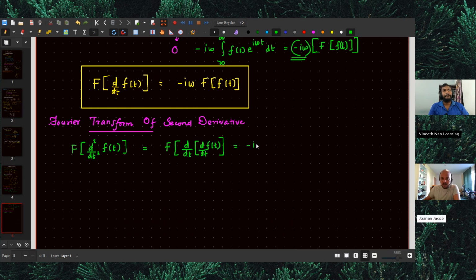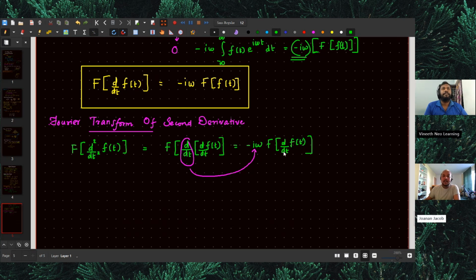That is equal to negative i omega times the Fourier transform of d by dt of f of t.